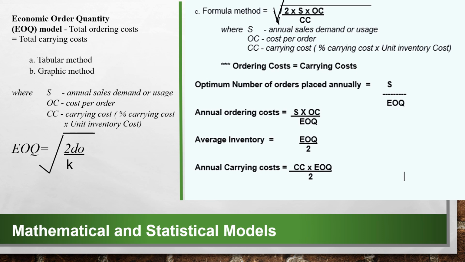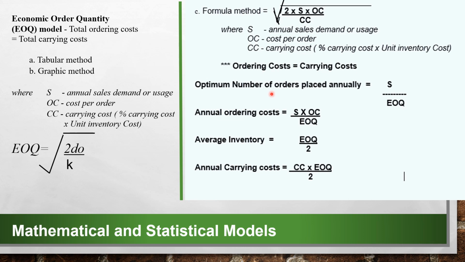We have 2 times the sales, demand, or usage, times the cost per order, divided by the carrying cost per unit. Or simply, as we have learned previously, EOQ is the square root of 2DO over K.